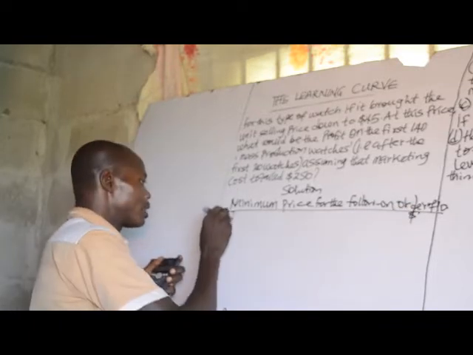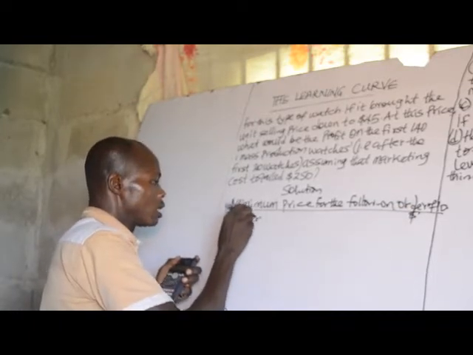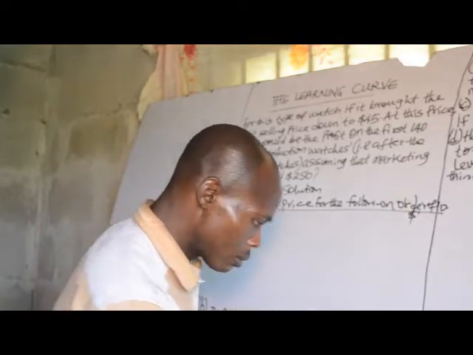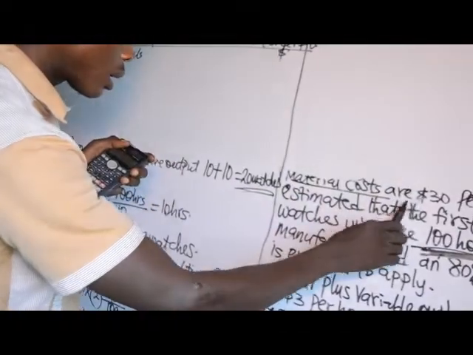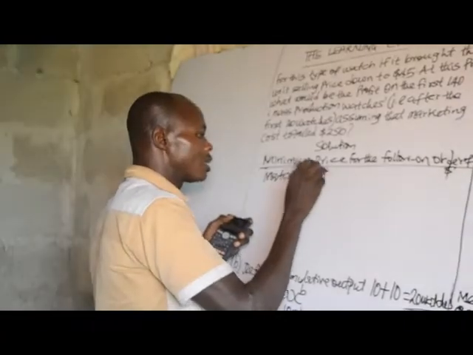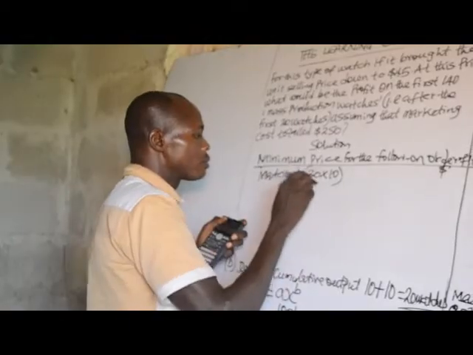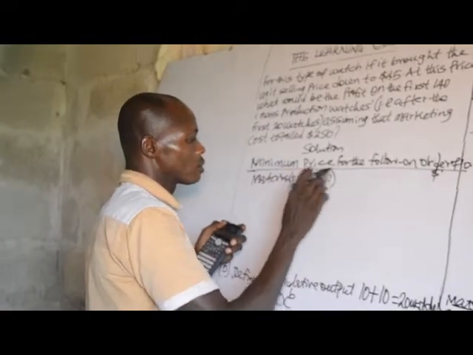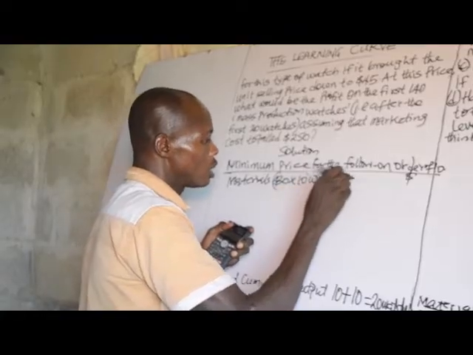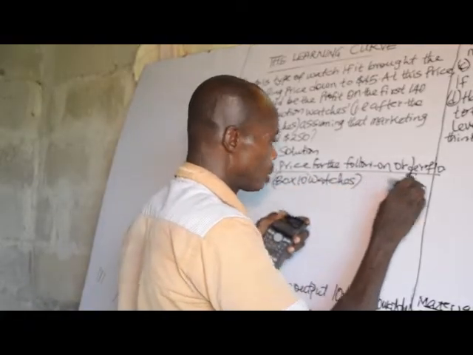So we have materials. The material cost still remains $30. Material costs are $30, so we have 30 times the follow-on order of 10 washes. That will give us 300.